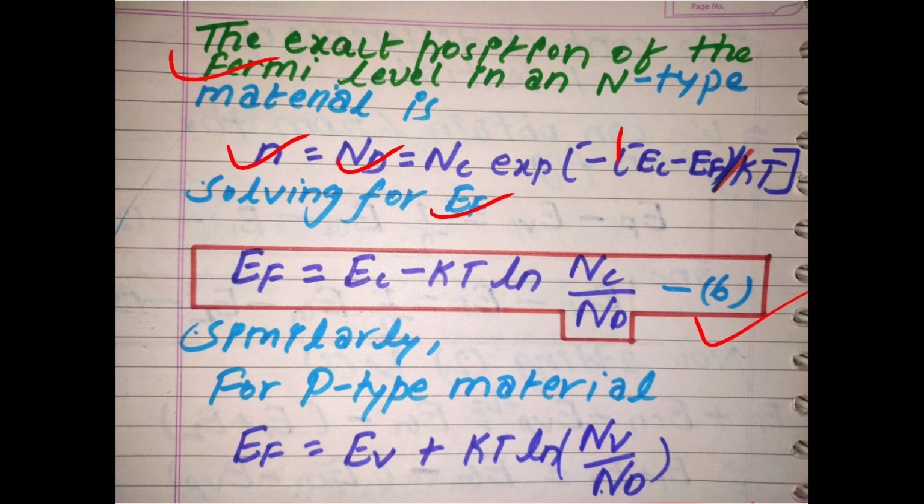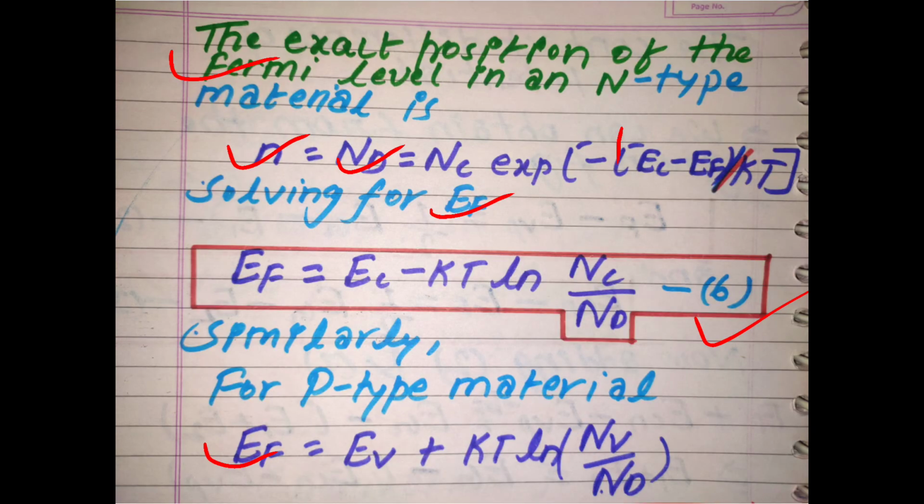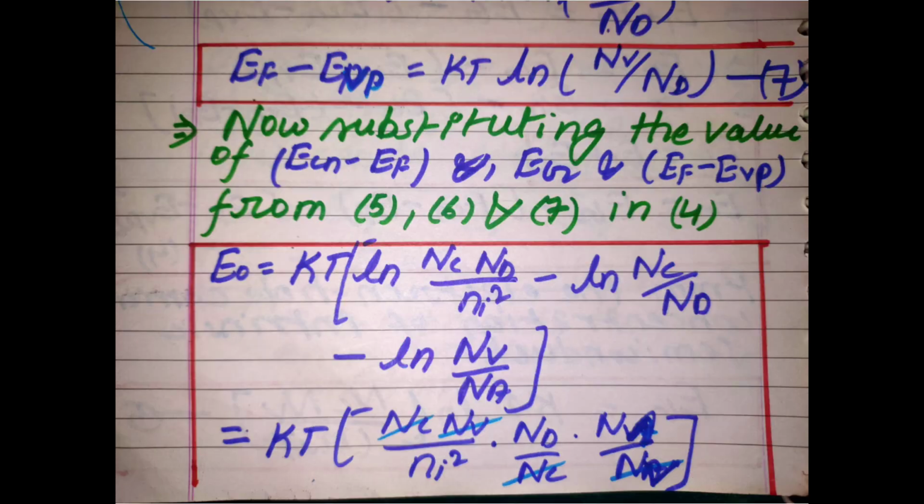Similarly, for the p-type material we can apply the same thing, and here Ef is equal to Ev plus Kt ln of Nv upon Na. If we solve this equation, we get a new equation, EF minus EVP is equal to KT ln of NV upon NA. This is our equation number 7.